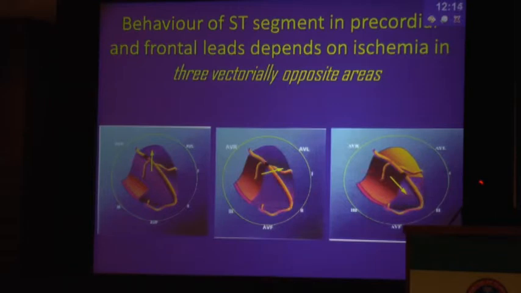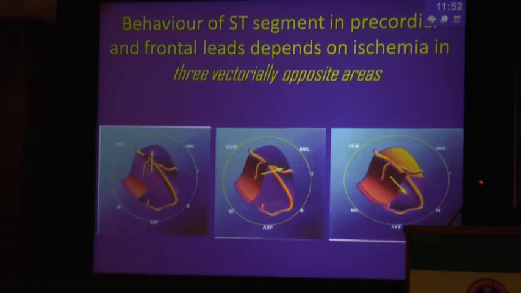So you have these 3 scenarios, and as the axis of the ST segment is moving, you will have changes in these kind of beats. Here you will have changes in the inferior beats, because the ST axis here is going to point downwards.